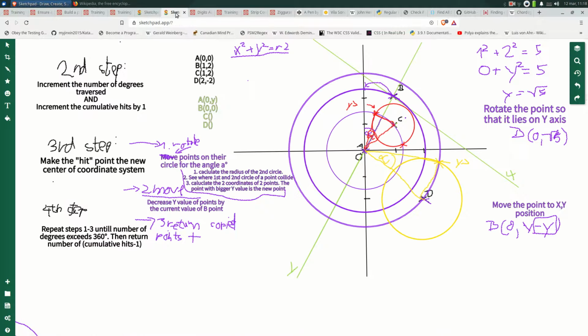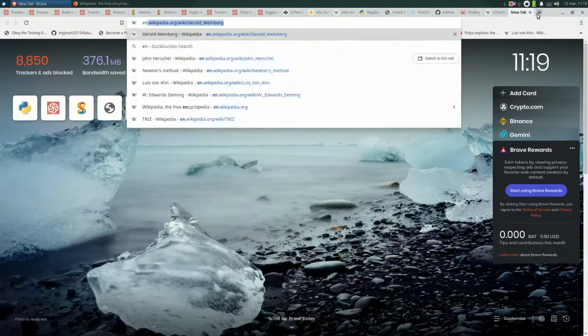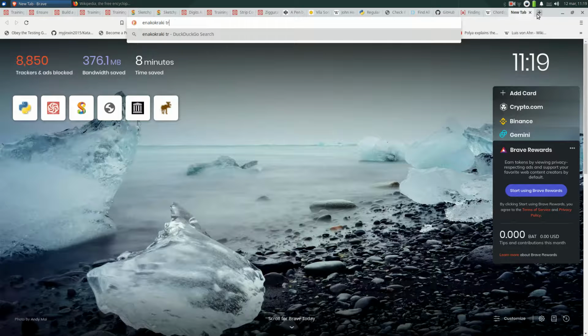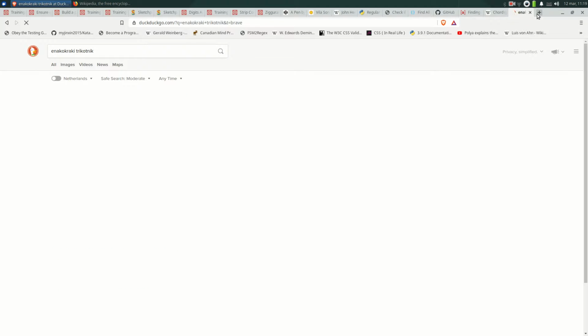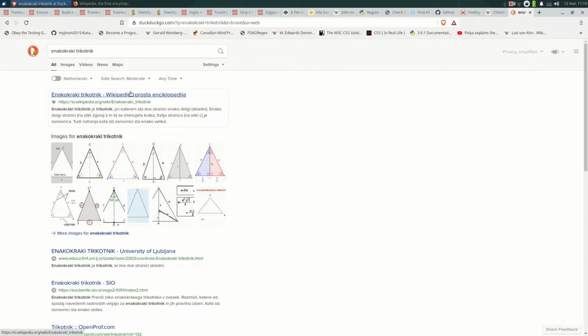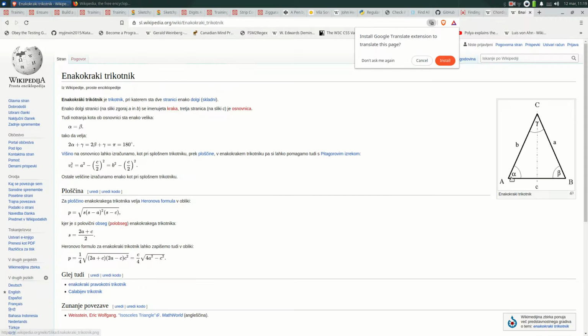And our chord is the side of a triangle, an isosceles triangle. So I say that's the AB.